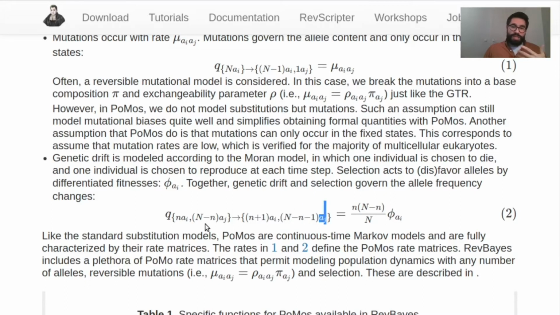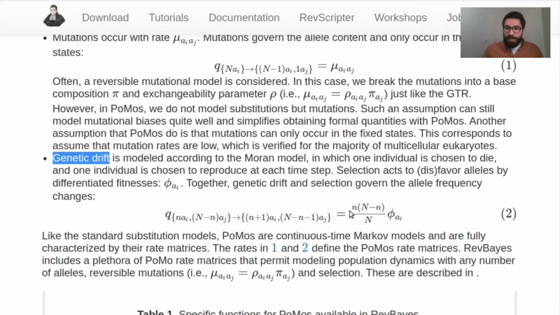And this, of course, can happen due to several processes, and the first one that we'll see is genetic drift. So genetic drift is modeled according to the Moran model, in which one individual is chosen to die and one individual is chosen to reproduce at each time step.